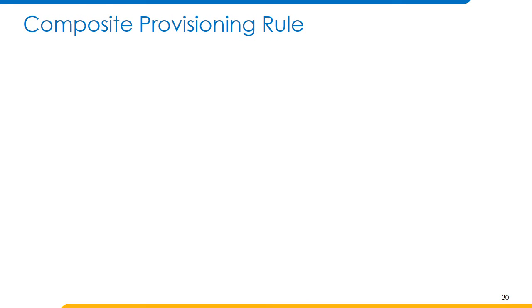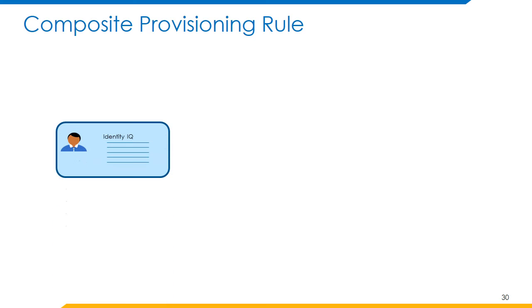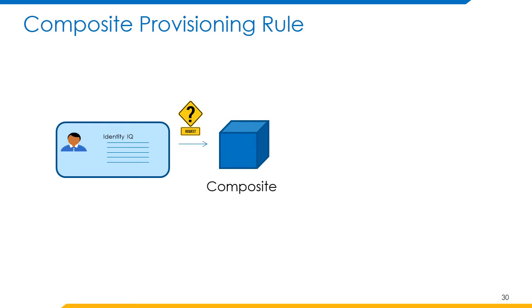Composite provisioning rule. Composite provisioning rule helps us determine the applications in which a link has to be created in case a provisioning request for the composite account is encountered.